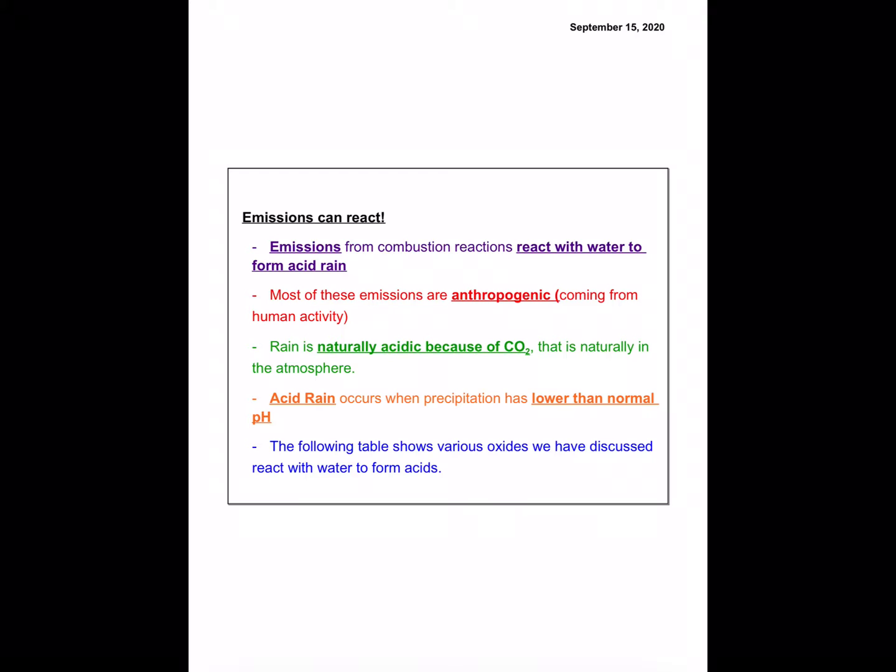Some of the other things that could cause combustion reactions to emit emissions are like volcanic eruptions, forest fires, but the majority of these are human activity related. Rain is naturally acidic because of the carbon dioxide in the atmosphere, and this is naturally in the atmosphere. We just create more of it as humans.